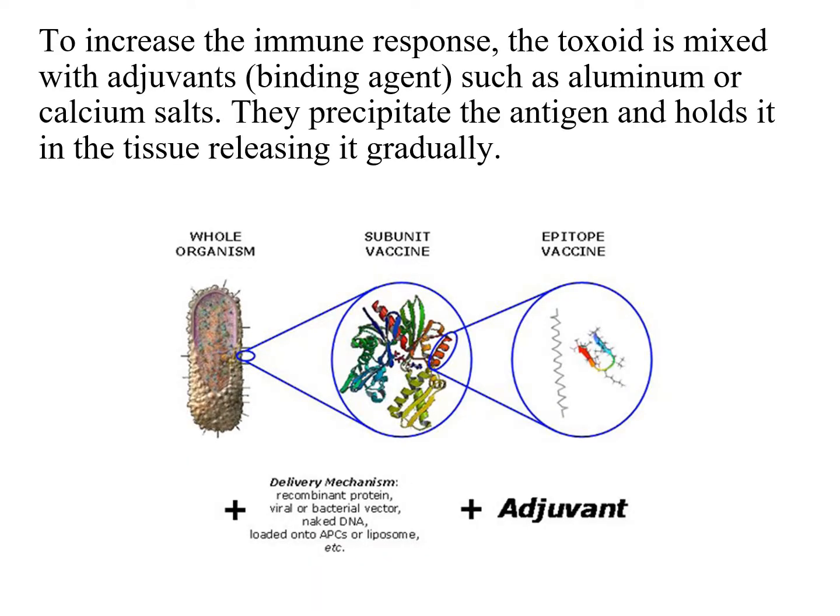To increase the immune response, the toxoid is mixed with adjuvants. These are binding agents such as aluminum or calcium salts. These adjuvants help to precipitate the antigen and hold it in the tissue, therefore releasing it gradually into the bloodstream.